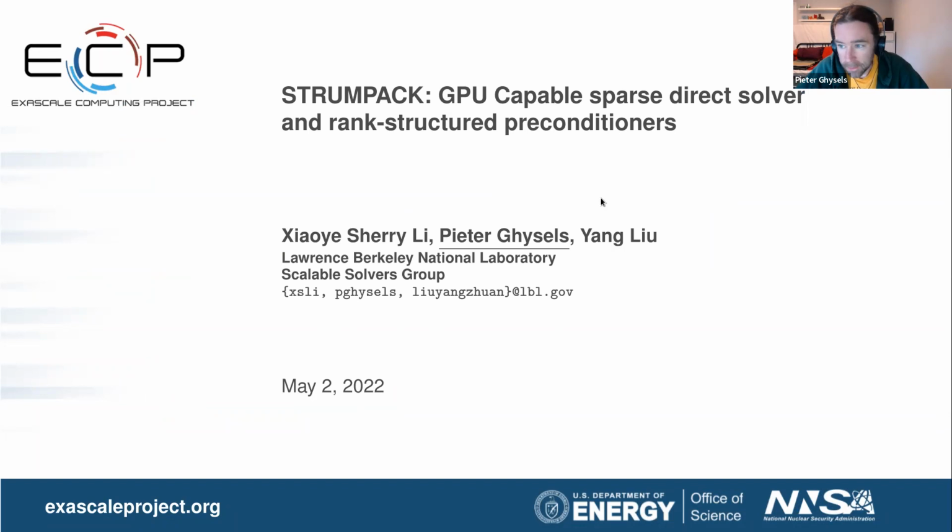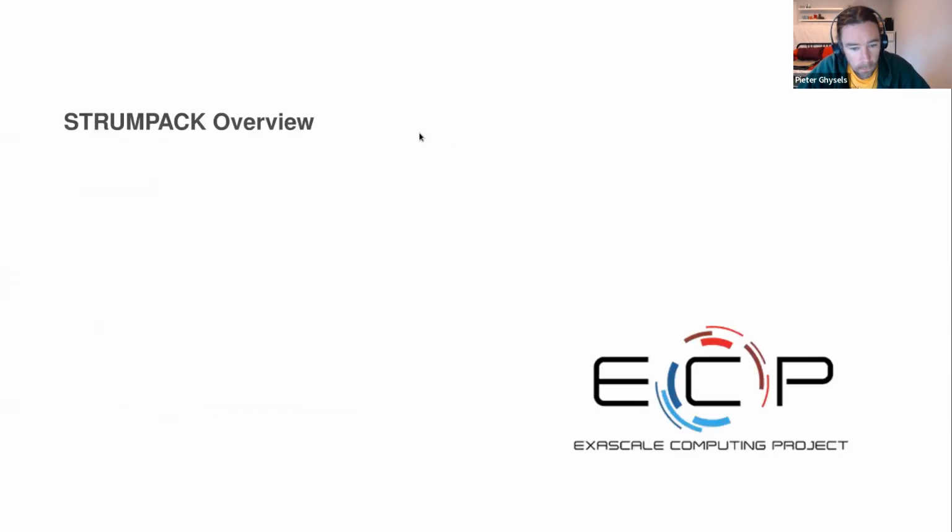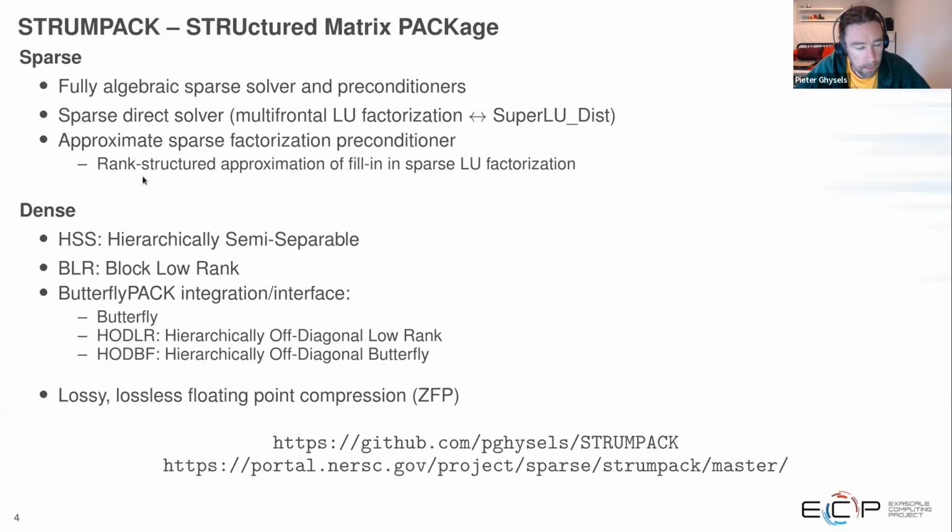Okay, so I will go ahead and give a brief overview of STRUMPACK, which stands for structured matrix package. It's a sparse direct solver, and it also provides several rank structured preconditioners. So the sparse solver in STRUMPACK is fully algebraic. It's a sparse direct solver, and it then also provides several approximate sparse factorization preconditioners.